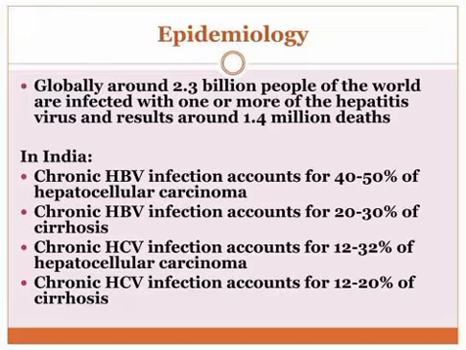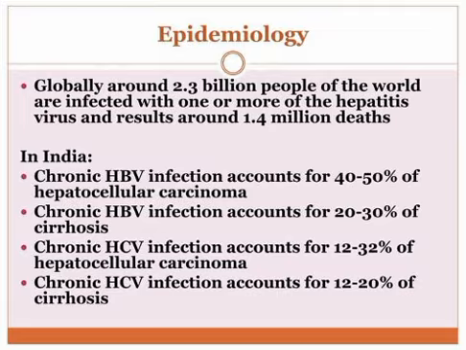Its epidemiology: globally, around 2 to 3 billion people of the world are infected by one or more of the hepatitis viruses, which results in around 1.4 million deaths. In India, chronic hepatitis B virus infection accounts for around 40 to 50 percent of hepatocellular carcinoma, and chronic HBV infection accounts for 20 to 30 percent of liver cirrhosis.